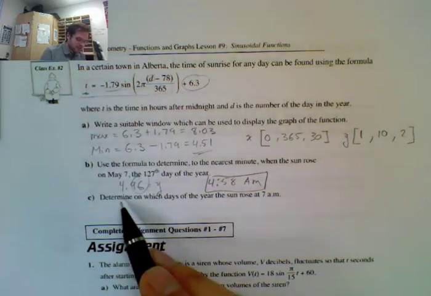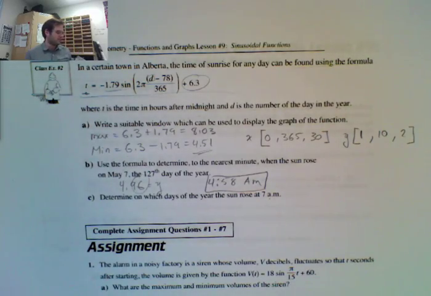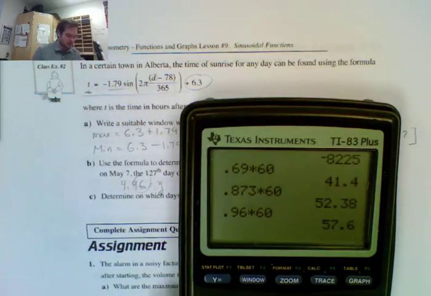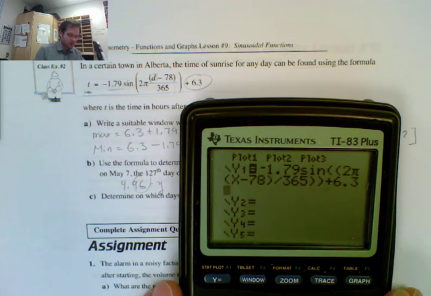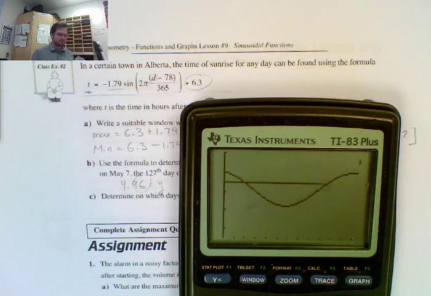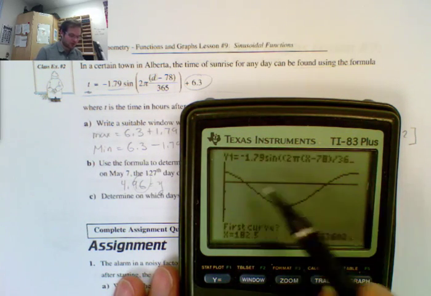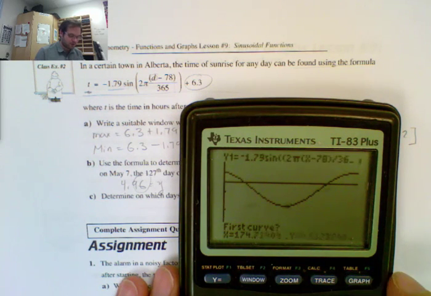Okay? And now D says determine which days of the year the sun rose at 7. I'm going to grab this here, go to y equals, and we want to know when it rose at 7. Okay? So we're going to go graph, and I'm going to calculate my intersection because I want the intersections of these. So here's my first one. Go all the way over. Enter.